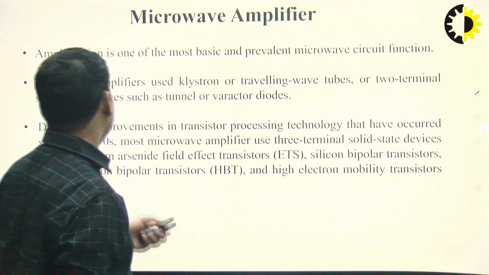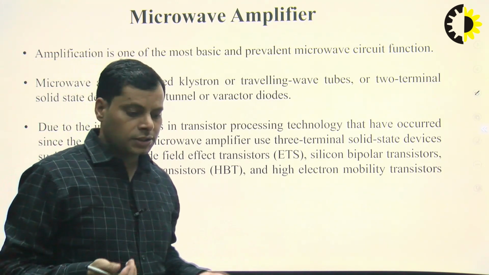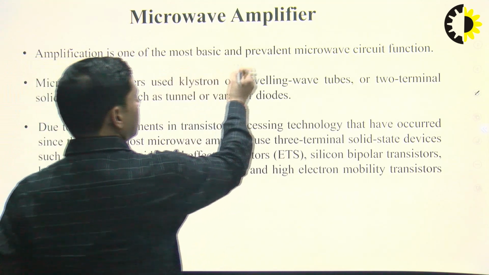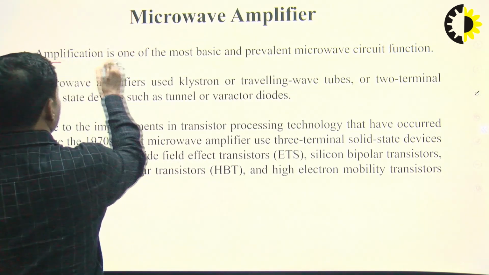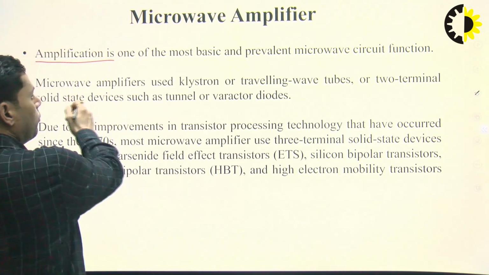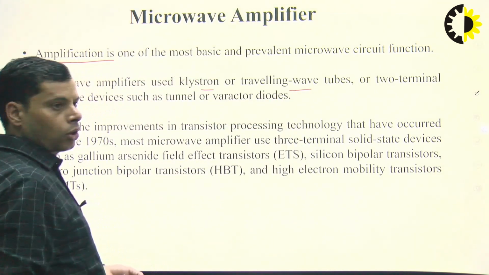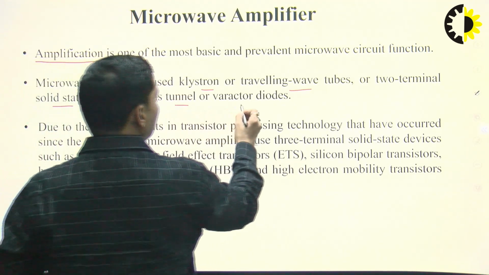In the introductory section, we can say that amplification is one of the most basic and prevalent microwave circuit functions, just to amplify the signal. Microwave amplifiers used klystron or traveling wave tubes or two terminal solid state devices such as tunnel or varactor diode.